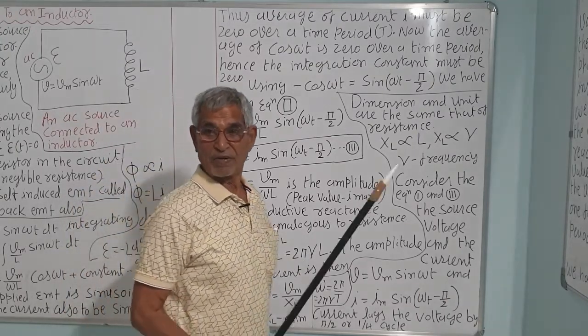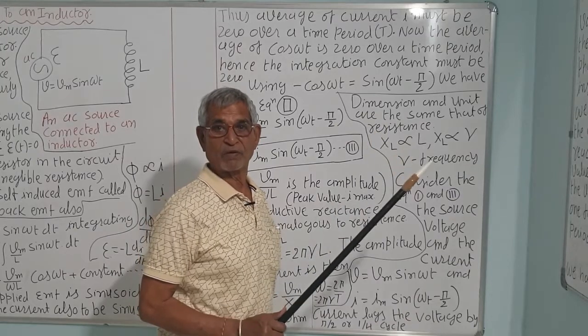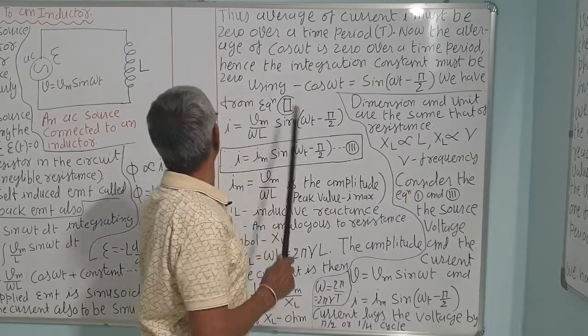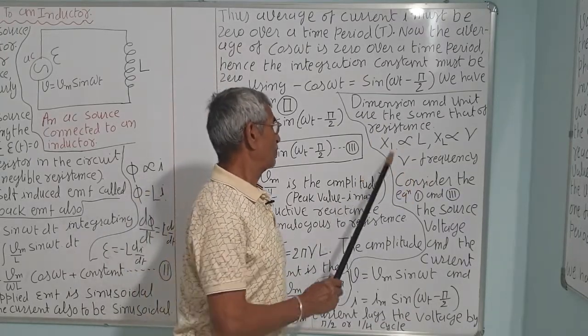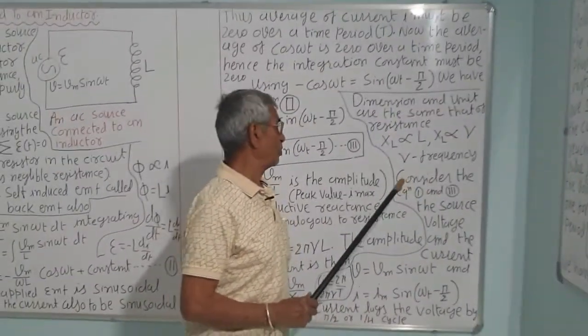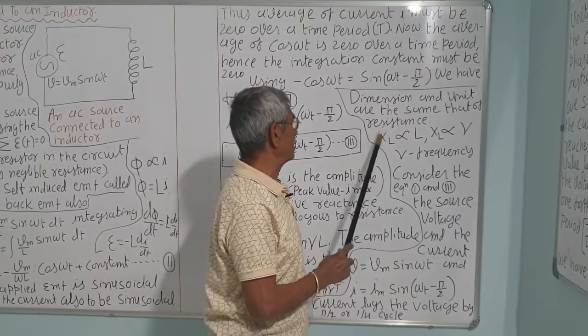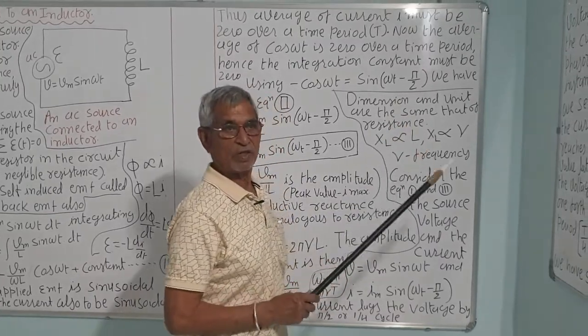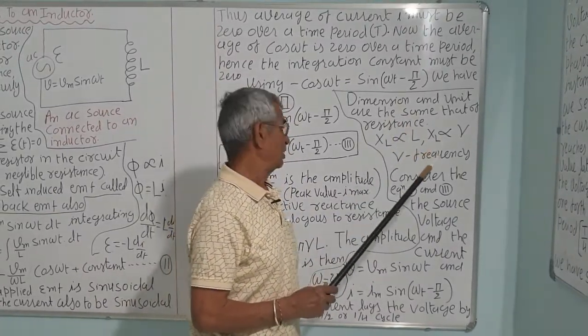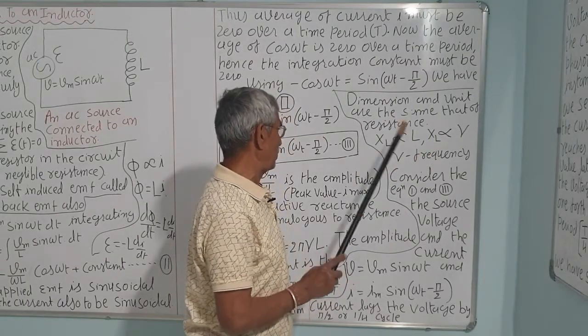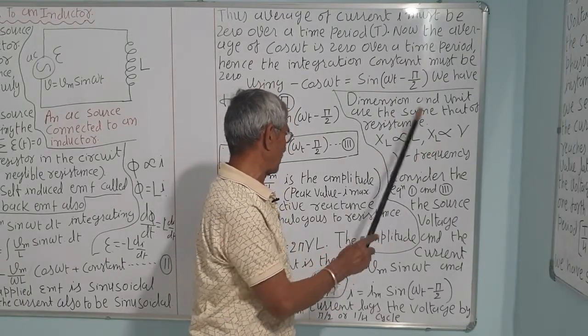So if higher frequency of the current is passed through the inductor, then more will be the inductive effect, that is opposed. Or if the inductance of the inductor is more, that is the value of L is more, then inductive reactance XL will also be more. So it depends upon two factors.